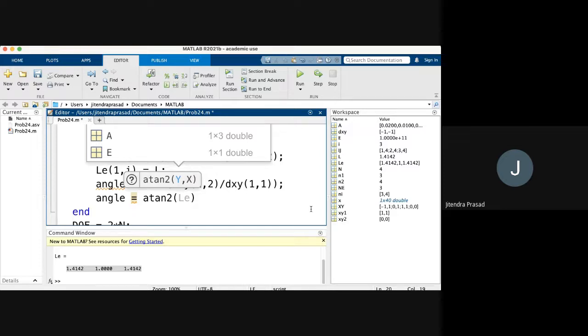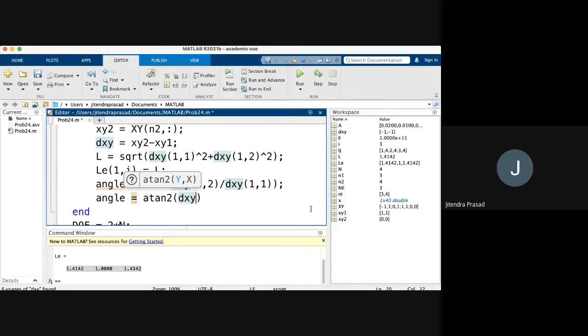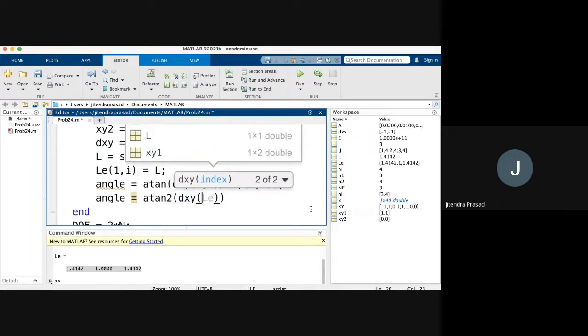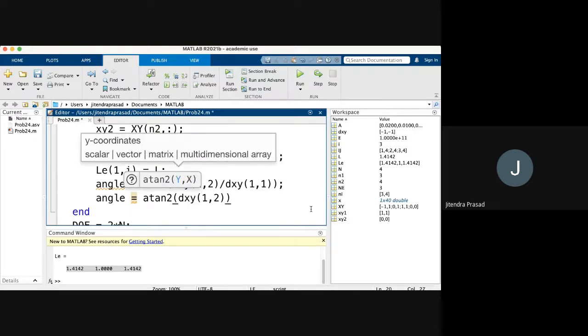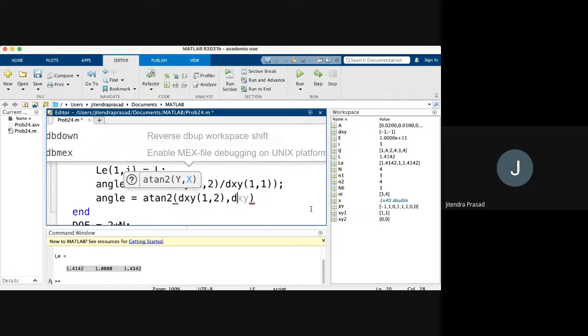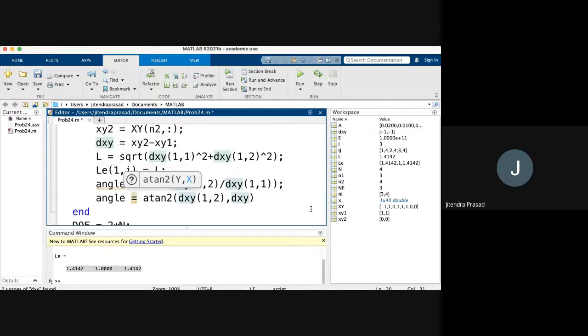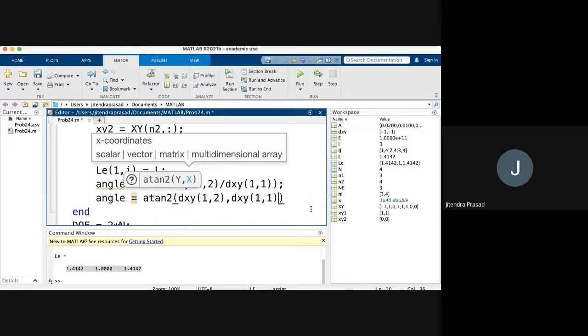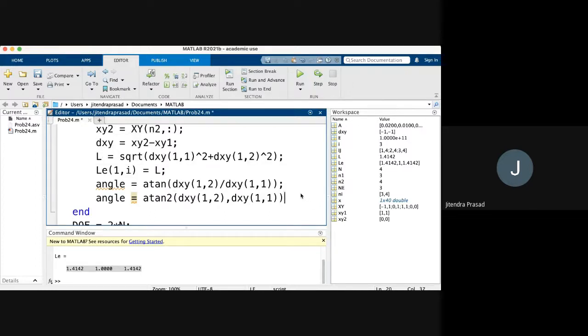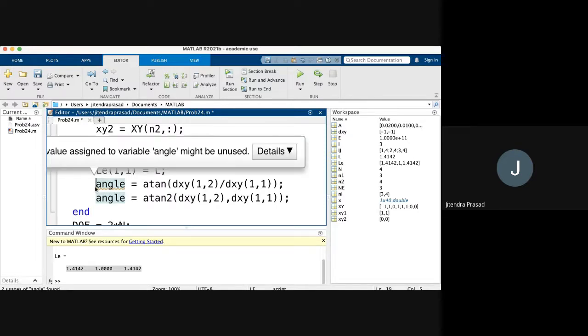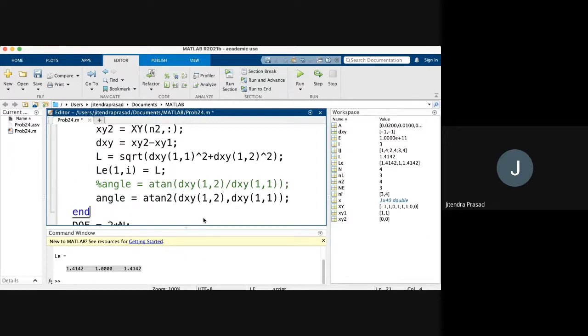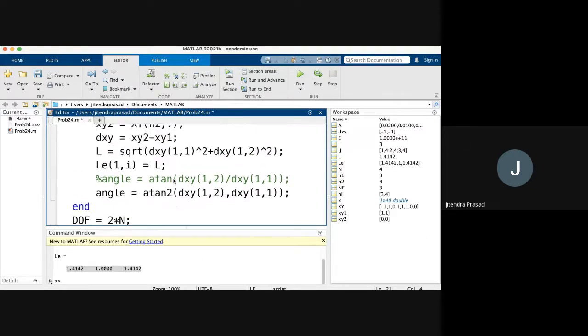Yeah, so that gives you a better picture. So y value will be dxy 1 2, and then you give comma dxy, and then you have 1 comma 1. Yeah, so you go like this. So this one, the first one we are going to comment out, and we can go ahead with this one. So this gives you angle.